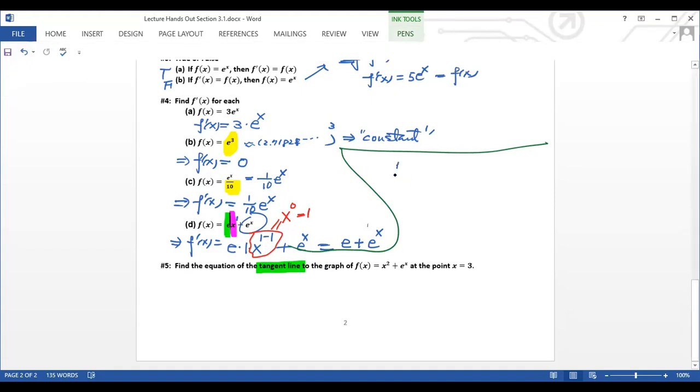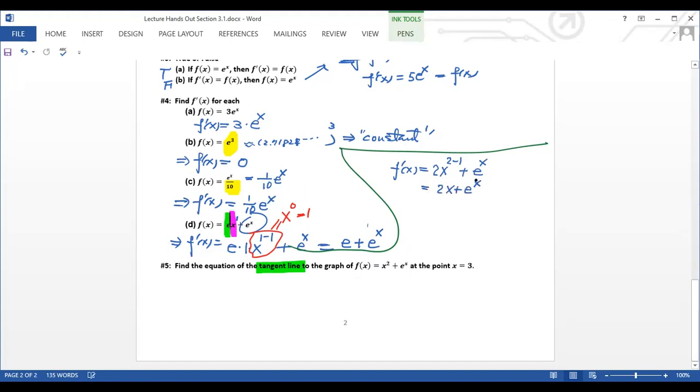The first thing I need to find is f prime of x. This f prime of x is: move the 2 to the front, x to the power 2 minus 1. Second term, the derivative of e^x is itself. So this is 2x plus e^x.